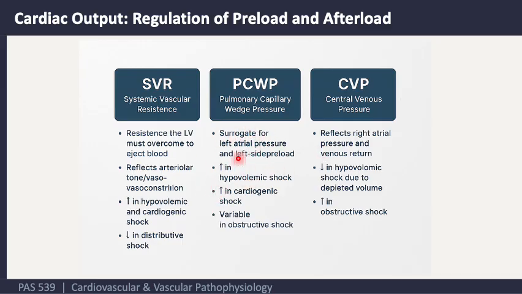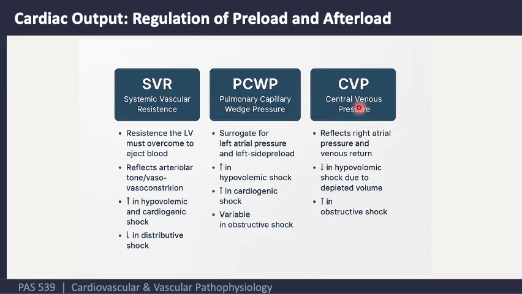So again, it is an indirect measurement of left atrial pressure and left-sided preload. It can be increased in hypovolemic shock. It can also be increased in cardiogenic shock, and it's kind of variable in obstructive shock.